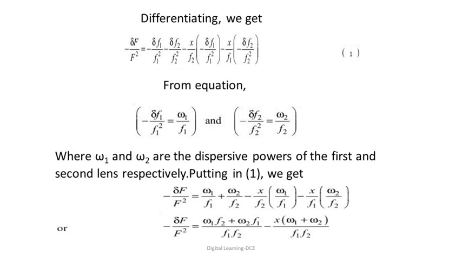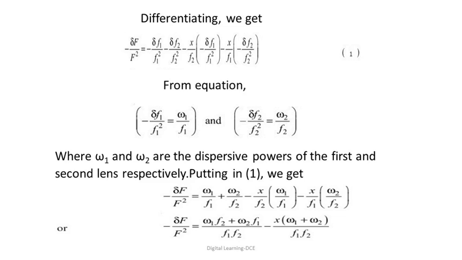Differentiating, we get minus delta F by F square is equal to minus delta f1 by f1 square minus delta f2 by f2 square minus x by f2 times minus delta f1 by f1 square minus x by f1 times minus delta f2 by f2 square.